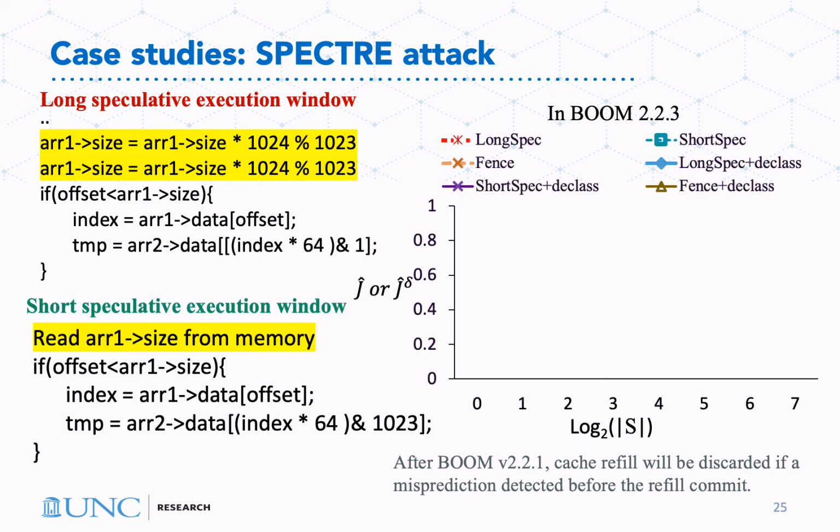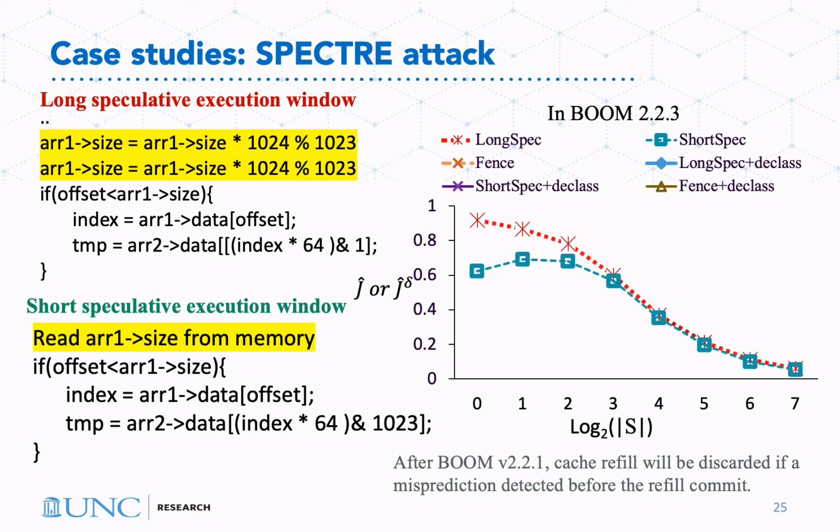Another procedure causes a relatively short speculative window just due to a memory access to array1 size. I also tested inserting a fence into the code as a mitigation to disable the speculative execution. And our evaluation is on BOOM version 2.2.3.